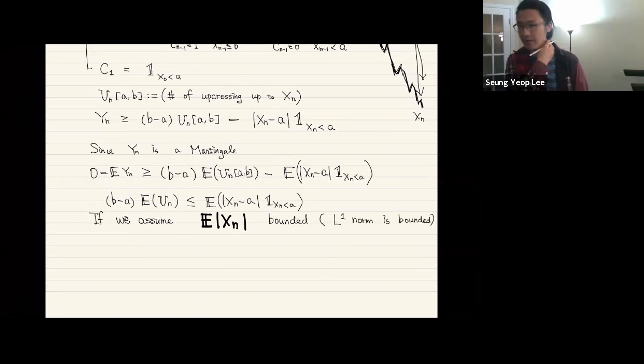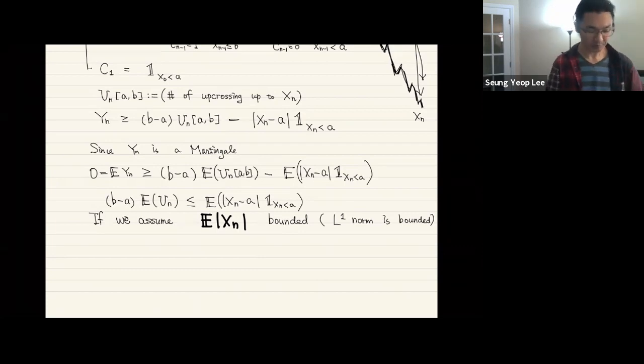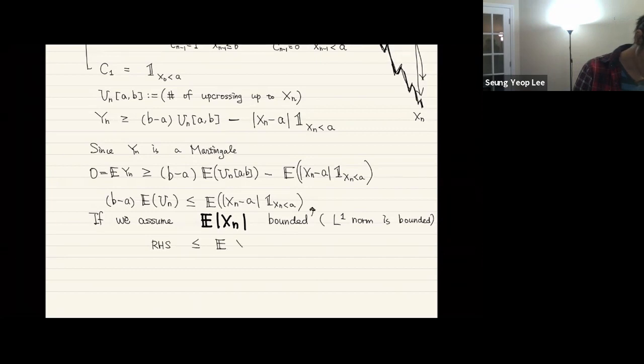What I wrote is the L1 norm, which means the integrability of this random variable, the integral of Xn. If this is bounded, smaller than some number for any n, then the right-hand side can also be written as the expectation of Xn plus the expectation of a, using the triangle inequality.